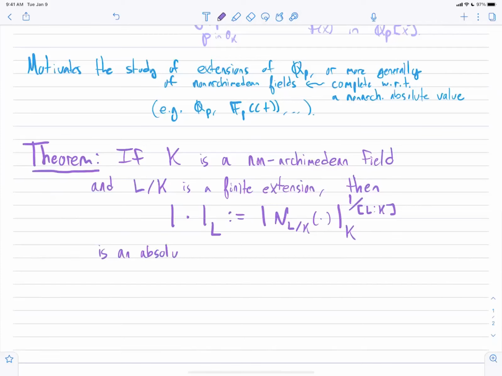So it's easy to check this is multiplicative. But you have to do something to check this satisfies the triangle inequality, but it does. So this is an absolute value on L. Step one. And then L is complete for this absolute value.